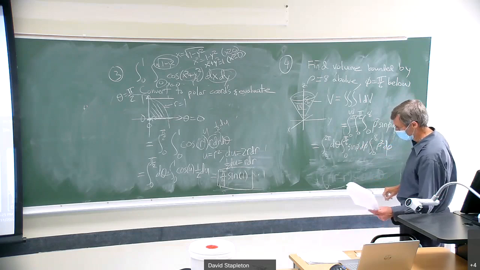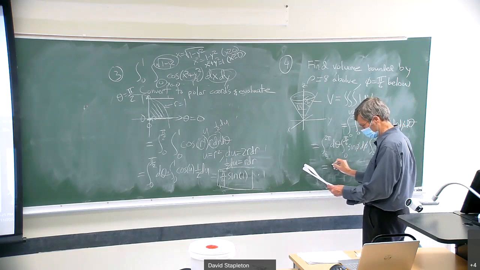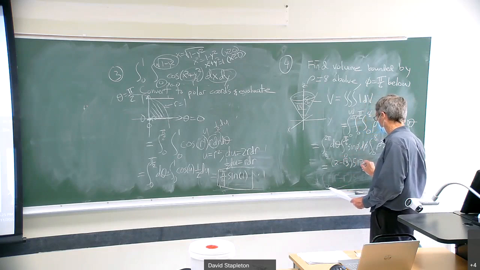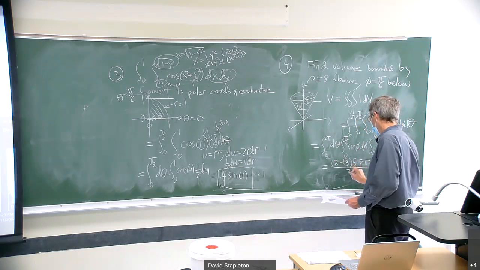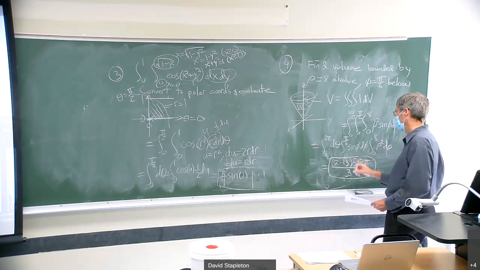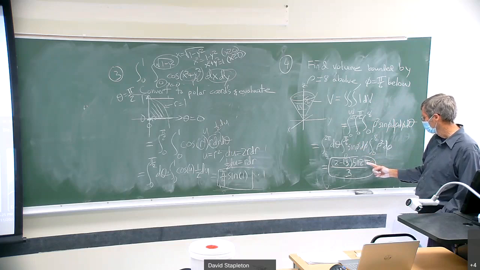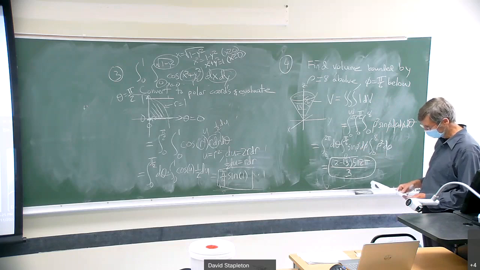That came out to 2 minus square root 3, 512 pi, all over 3. Don't want to spend too much time on this integral. 2 pi comes from this one. Pi and 2 out of here, I guess. Etc.